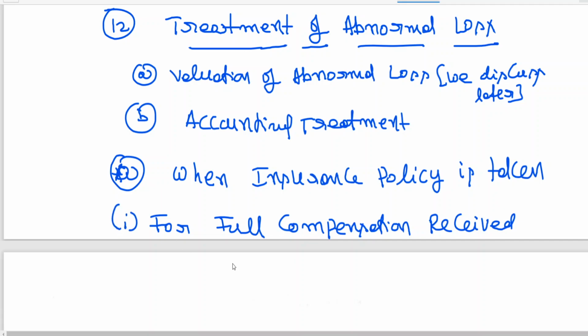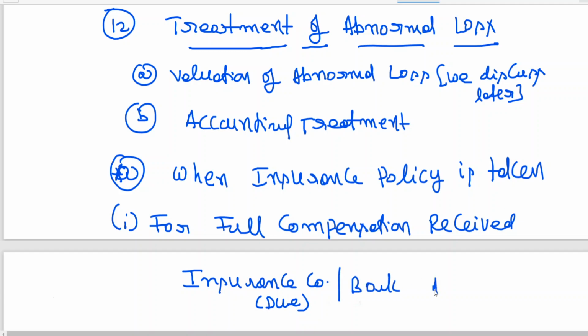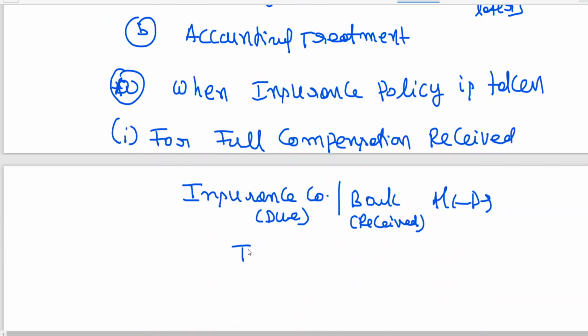For full compensation received, you debit insurance company account, debtor if due, or bank account, debtor if received.